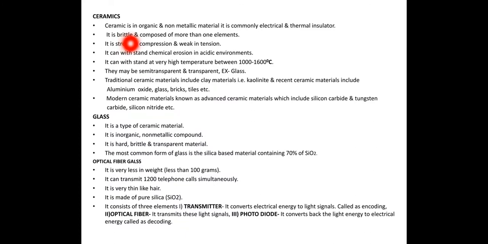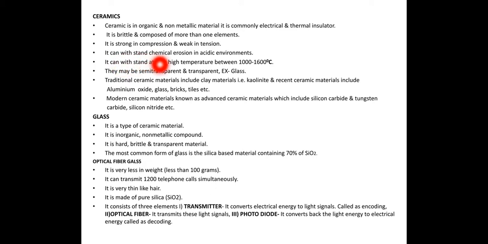They are brittle, meaning they are very hard, and composed of more than one element. They are strong in compression and weak in tension. One thing I would like to tell you, generally brittle materials are strong in compression and weak in tension.